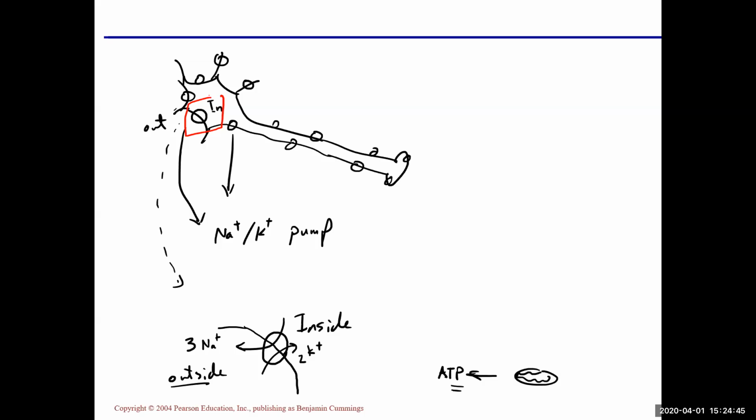So when you break it, you release the energy, and this energy is enough to pump 3 sodium out for 2 potassium that comes in. All right. So that's the job of the sodium potassium pump. And guess what? We have it all over the nerve, on the dendrites, on the soma, on the axon hillock, on the axon, on the synaptic terminal or axon terminal. So sodium potassium pumps everywhere.